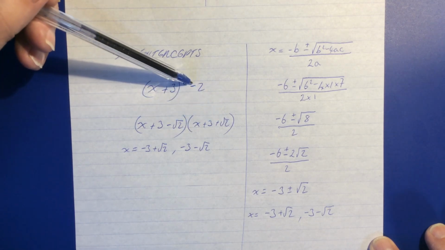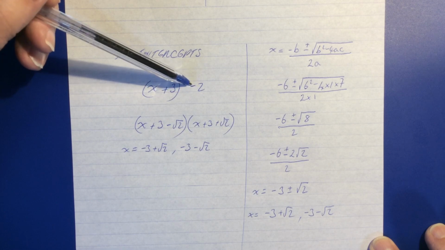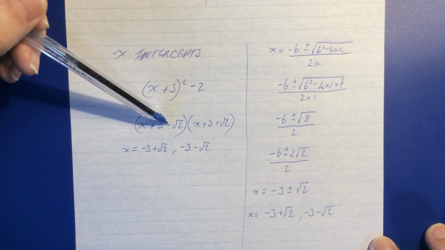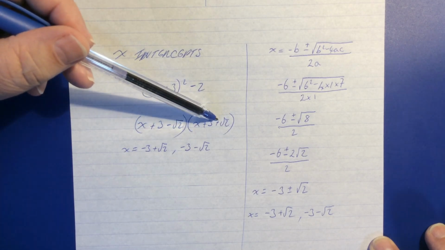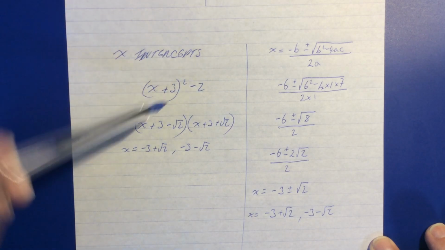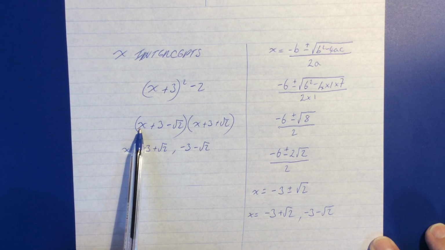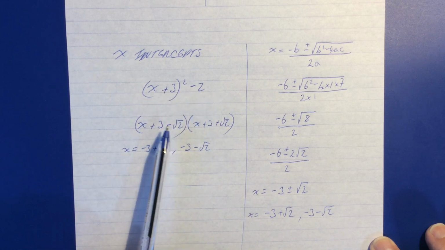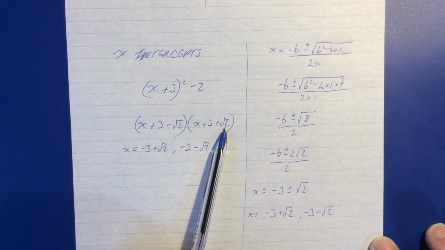And what we want is we don't want 2, we want negative 2, which means that we're going to have to multiply negative root 2 by positive root 2 to get that outcome. So in factorized form, this looks like this: (x plus 3 minus root 2)(x plus 3 plus root 2).